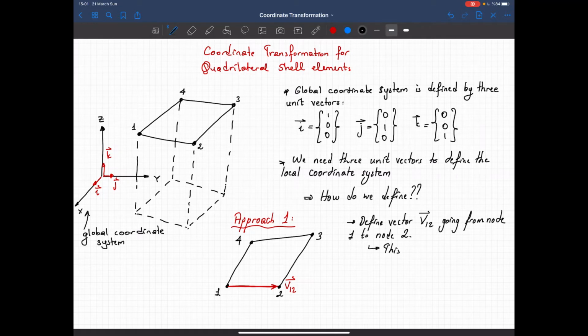This vector defines the local 1 direction, and the unit vector that shows that direction can be calculated by dividing v12 by its norm. So that's the first step.